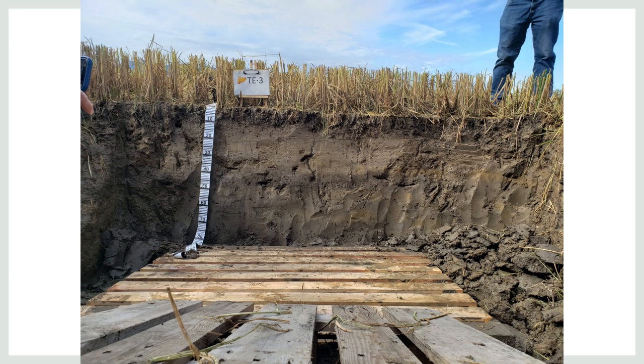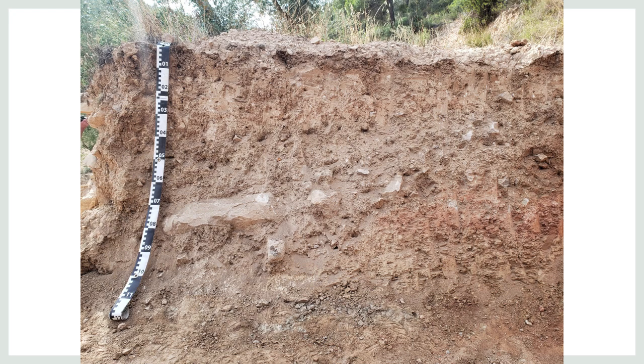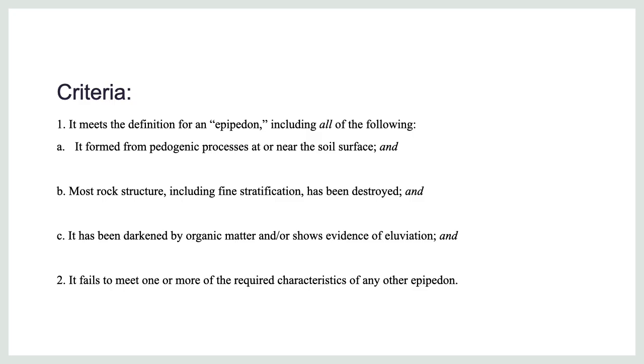I have a very thin horizon that was produced by humans, or I have something where there are no dark colors or very high organic carbon content, so it's not a folistic or histic, there's no very dark color or no strong structures as we saw.